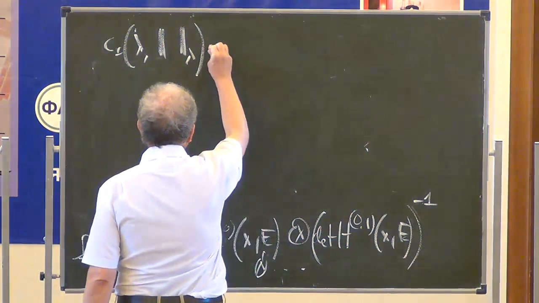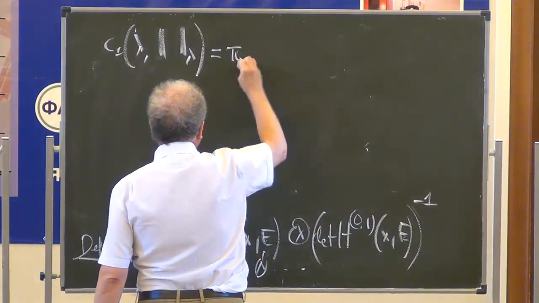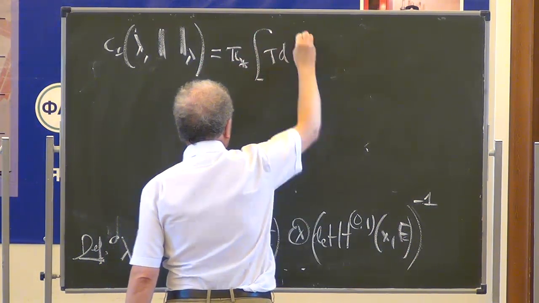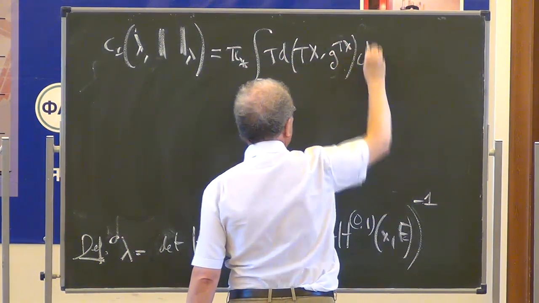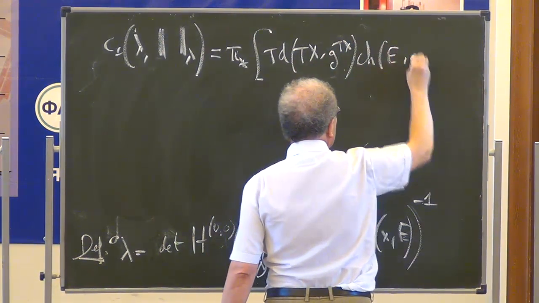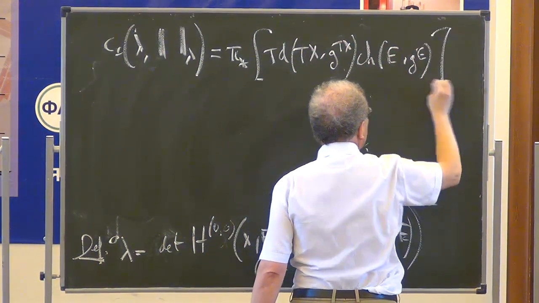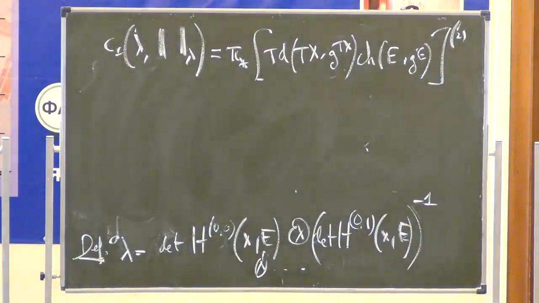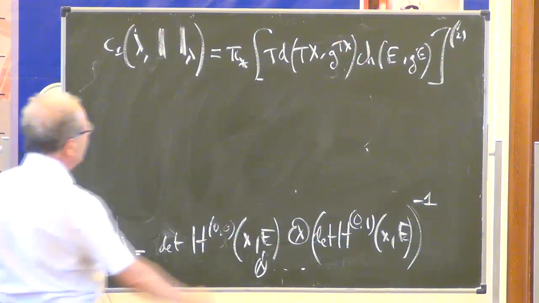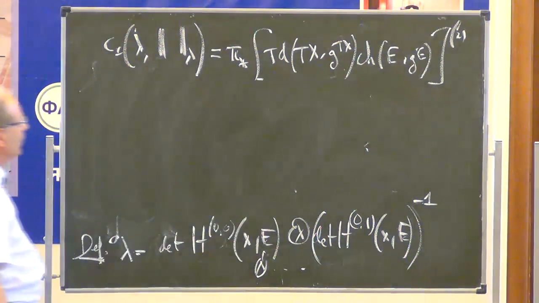And the C1 is given by the integral along the fiber of Todd of TX, GTX, Ch of E, GE, and the piece of degree 2 here. Okay, so these characteristic classes are computed using the corresponding Chern connection. The metric determines the connection, which in turn determines the Chern-Weil forms.